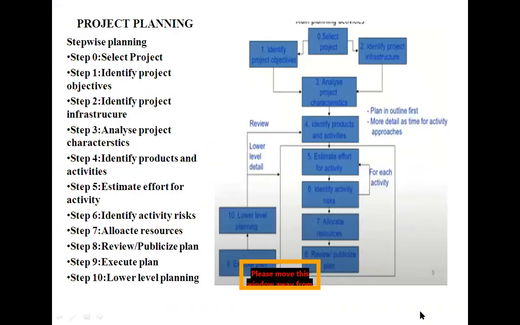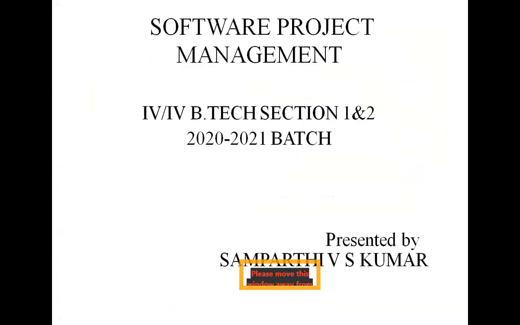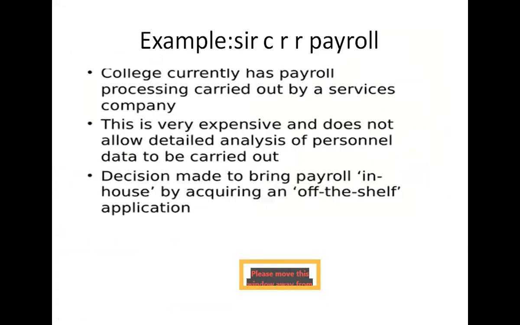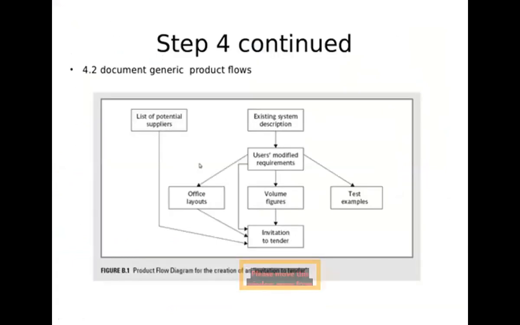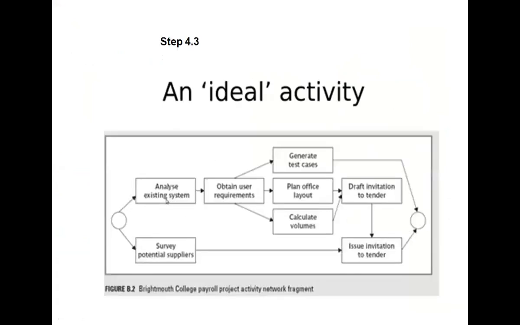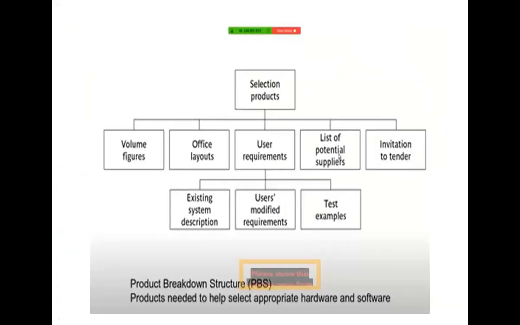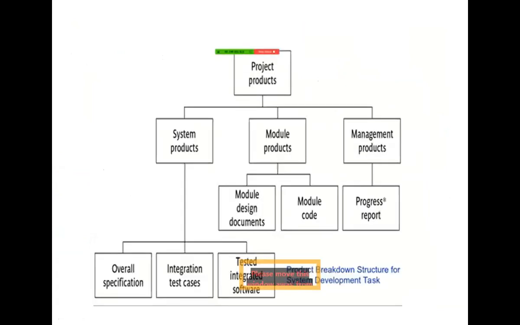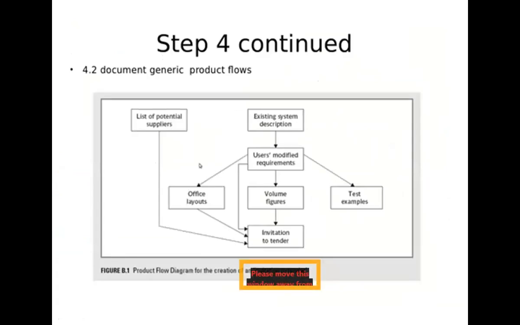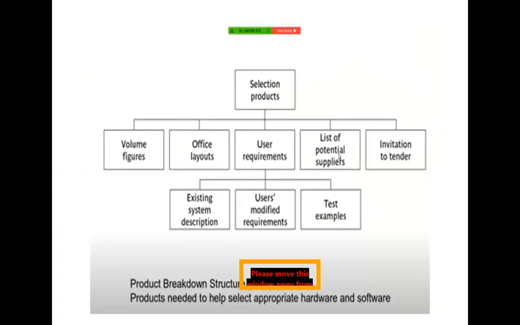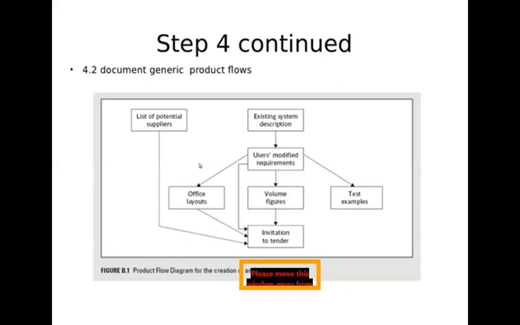Okay. This flow chart is very important. You have to remember the flow chart. And for step 4 you also have to remember these flowcharts. The product breakdown structure and product flow diagram are very important.